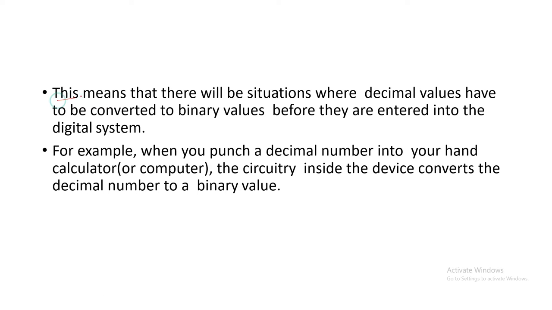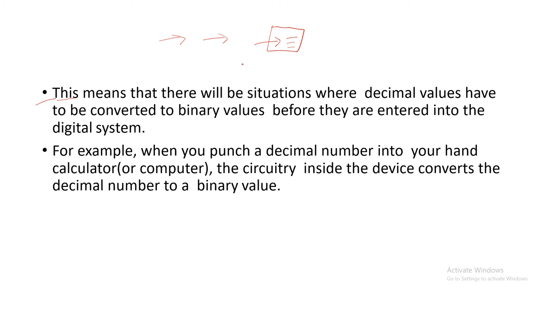This means that there will be situations where decimal values have to be converted to binary values before they are entered into the digital system. For example, if I buy a large number of items, the shopkeeper will need a calculator, and the calculator needs to operate at the binary level.